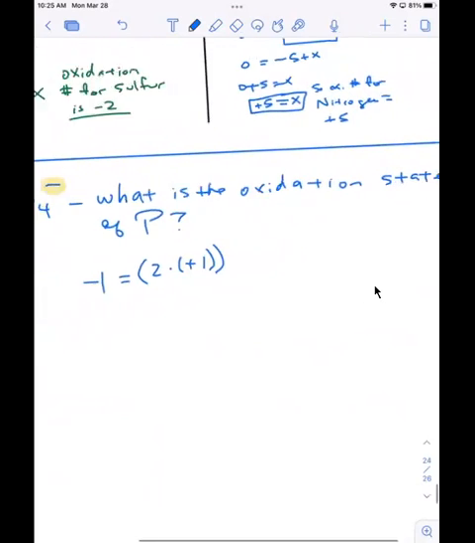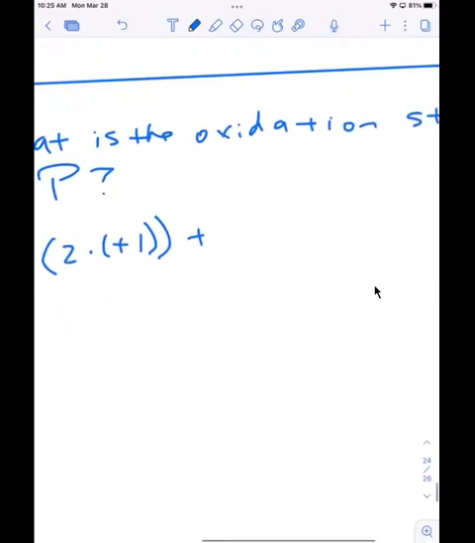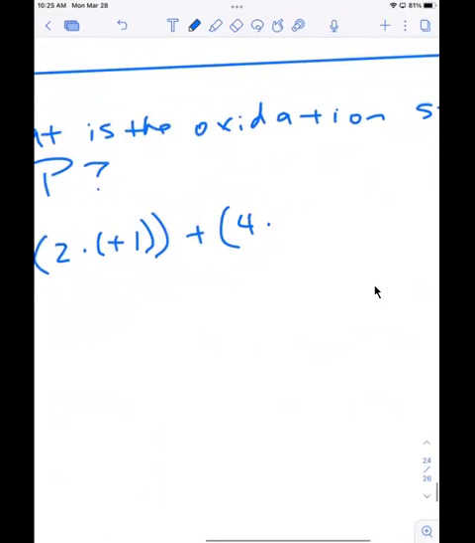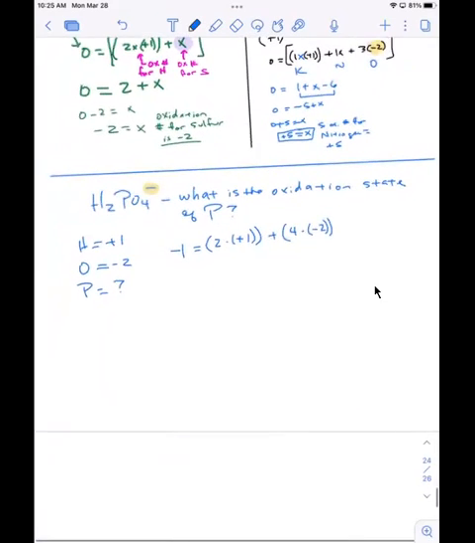And then for oxygen, it's going to be 4 times what? -2. Is that right? Because we're using the rules to our advantage. Some of the stuff we already know without having to look it up. We know oxygen is -2 if it's bonded to some other atom besides itself. H is +1 if it's bonded to a non-metal. So now we just need to solve for P.